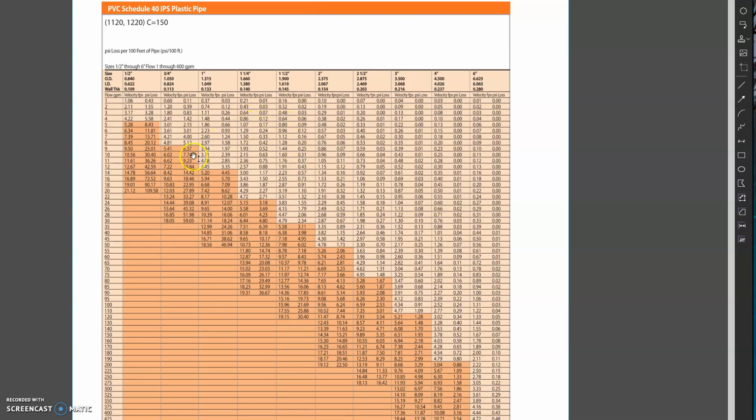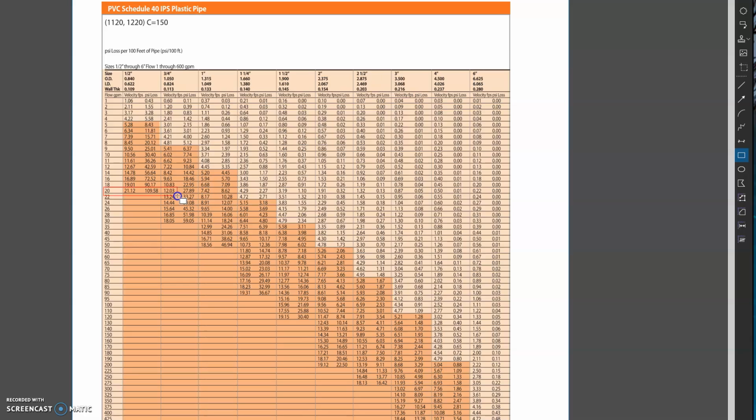Now let's say I have a valve that is 20 GPM right here. If I want to see the pipe size, I'm going to take 20 GPM, and I can't use a 1/2 inch pipe because the 1/2 inch pipe is 21.21 feet per second for velocity, which is right here.